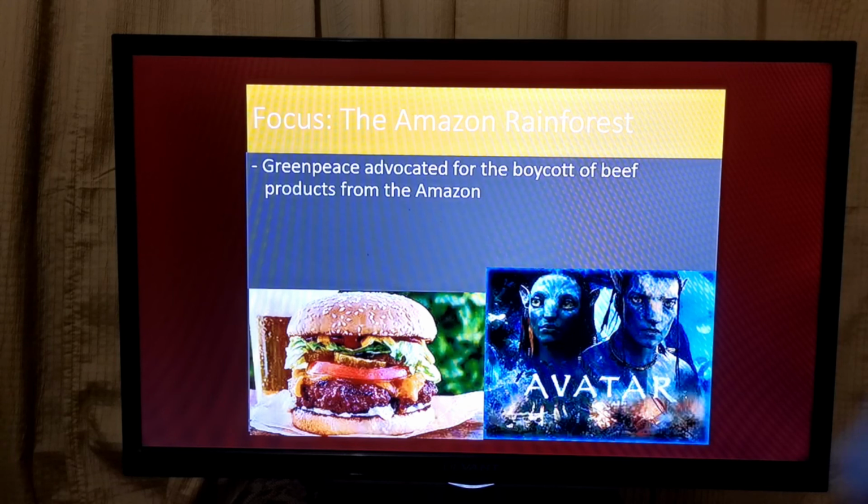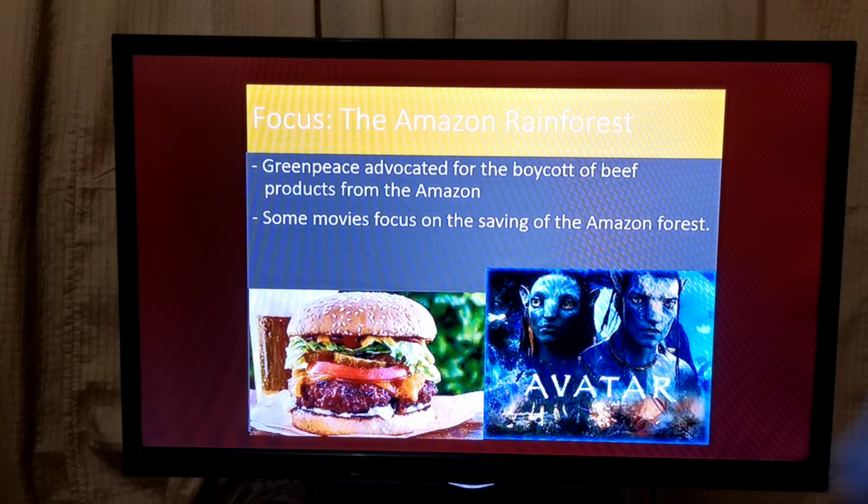Now, another group of people would like to save the forest, and so they make movies to save the Amazon rainforest, like the movie Avatar. Have you watched this? The setting is in another planet, but obviously they're trying to make it parallel to the Amazon rainforest, where humans invade the pristine conditions of the Amazon, and so things become ugly.